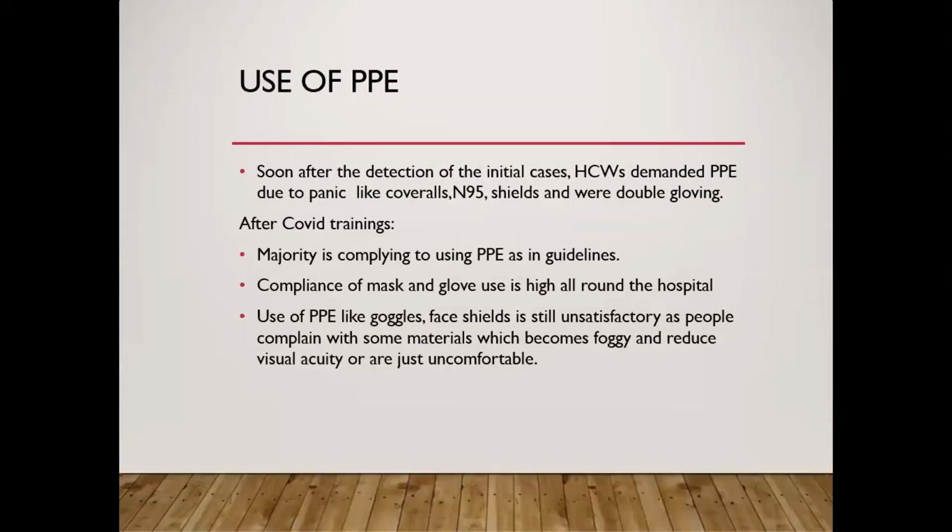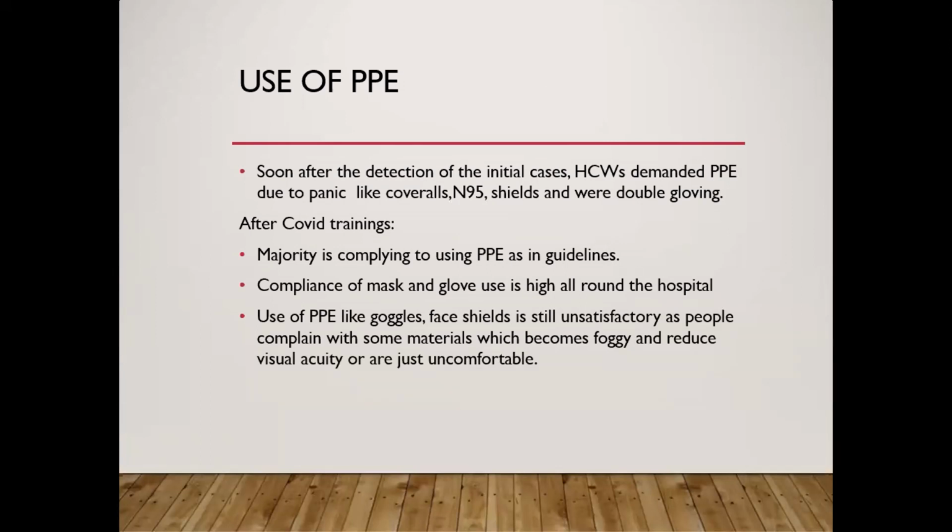And then for use of personal protective equipment, soon after realizing the initial cases, healthcare workers started demanding personal protective equipment due to panic, like the coveralls, the N95, the shields, and a lot of people were double gloving. This was just because people were scared that they would contract COVID-19.